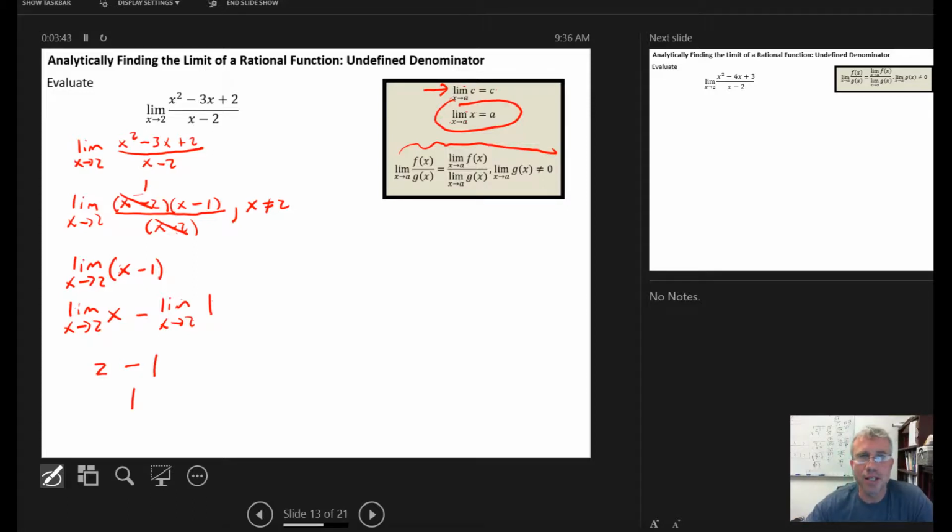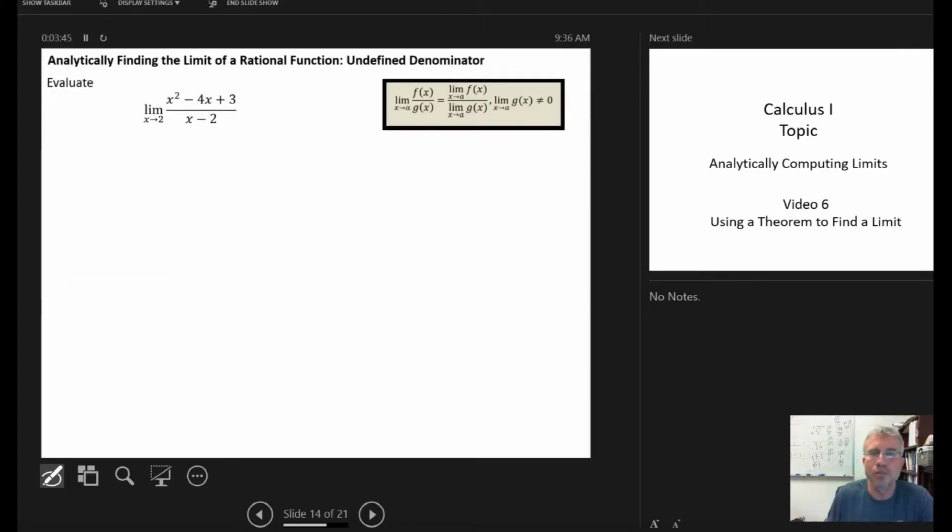So the next example is going to play out just a little bit differently. So you still do the same thing that we did on the previous slide. You look at the number at which you're taking the limit, which in this case is 2. And we notice that if we plug 2 into the denominator, we get a division by 0, which means this tool isn't going to be available to us for this problem.